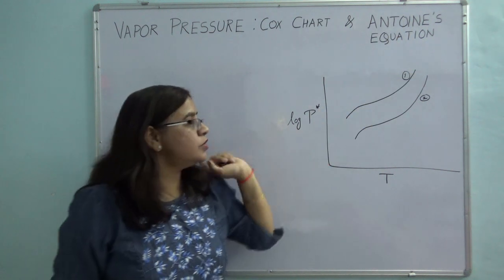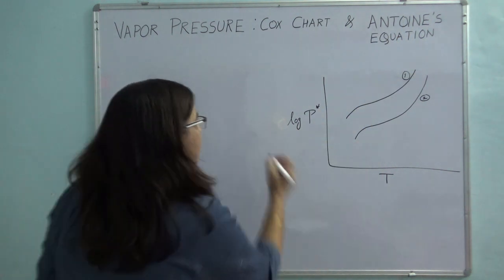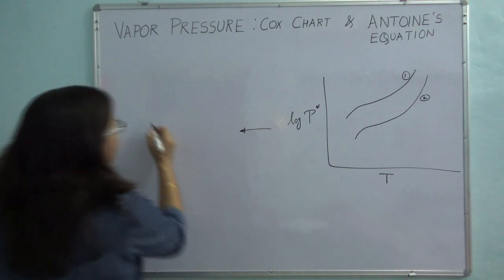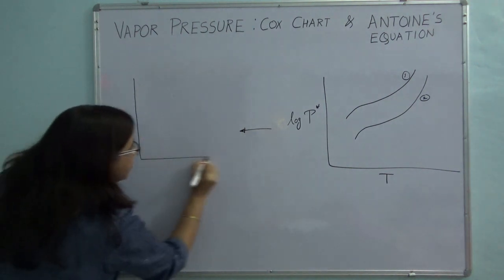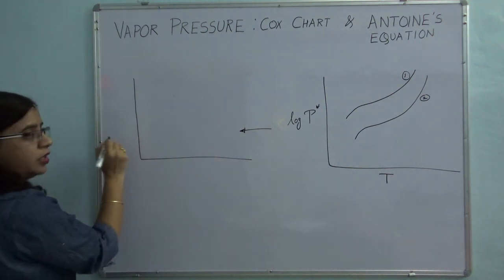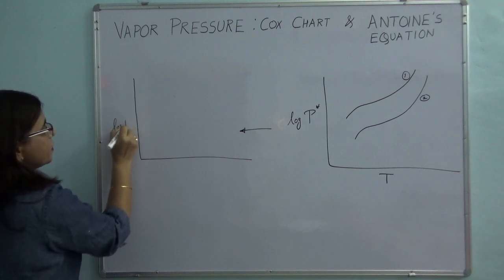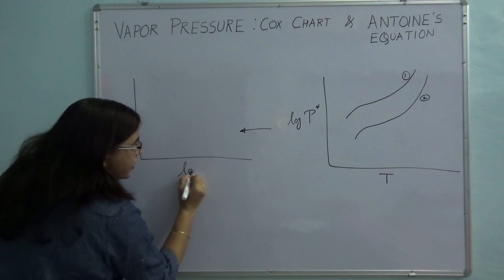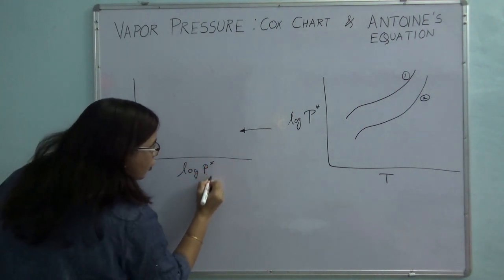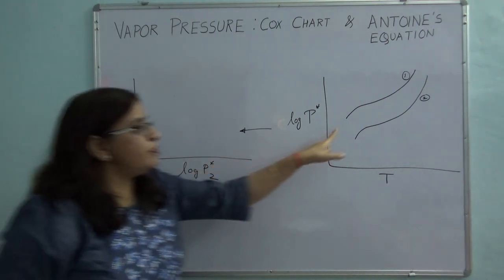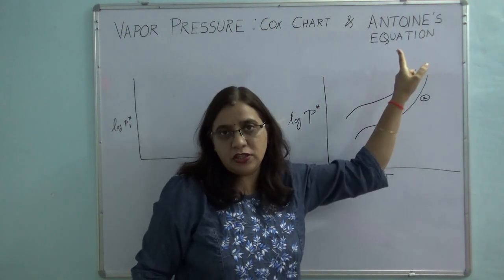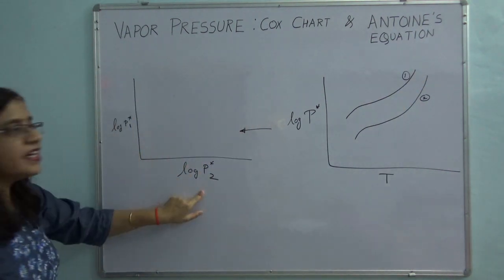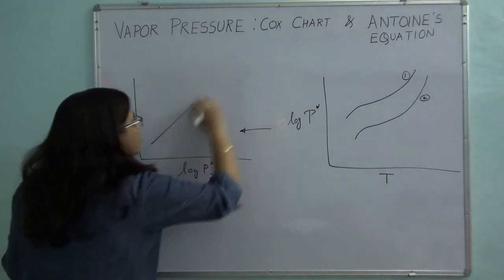So alternatively, if they are following the same trend, and if I plot log of P star for component 1 against log of P star for component 2, because they are varying in a similar fashion, if I plot one against the other, I will end up with a straight line.